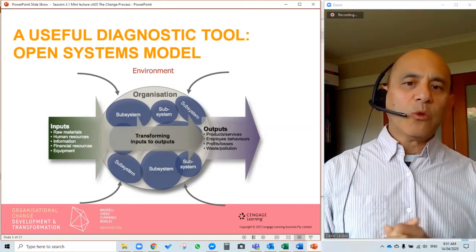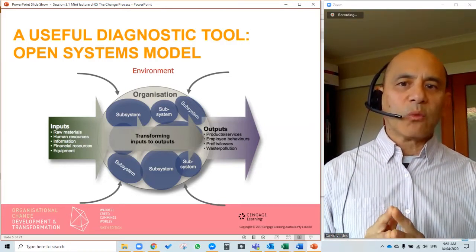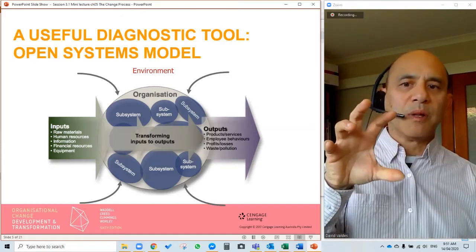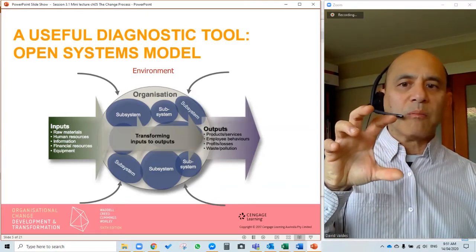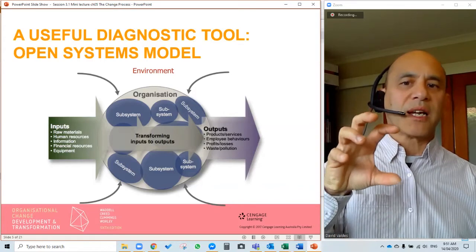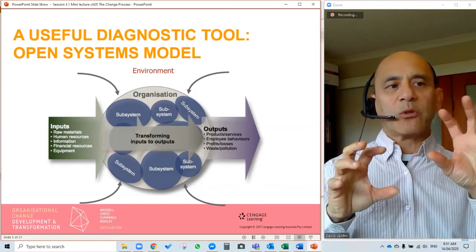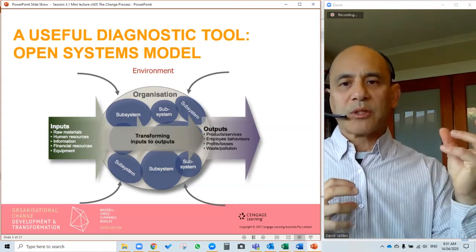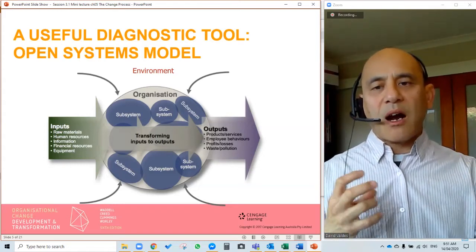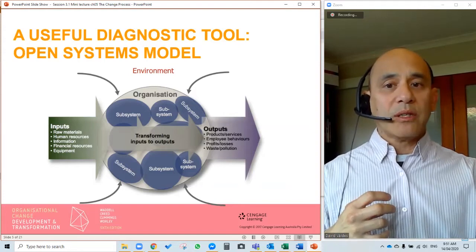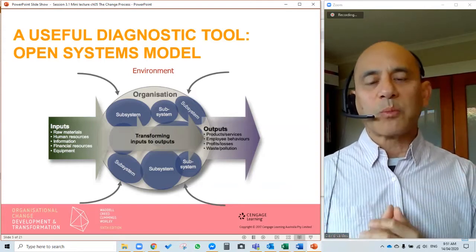So we use this model to have a look when we have a symptom: where is that coming from, what subsystem is causing that symptom or is experiencing that symptom, and we try to analyze whether these other subsystems are being affected, or are in fact the source of this problem.